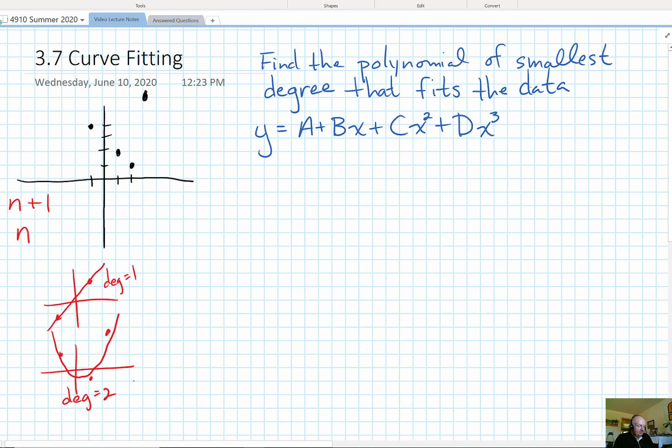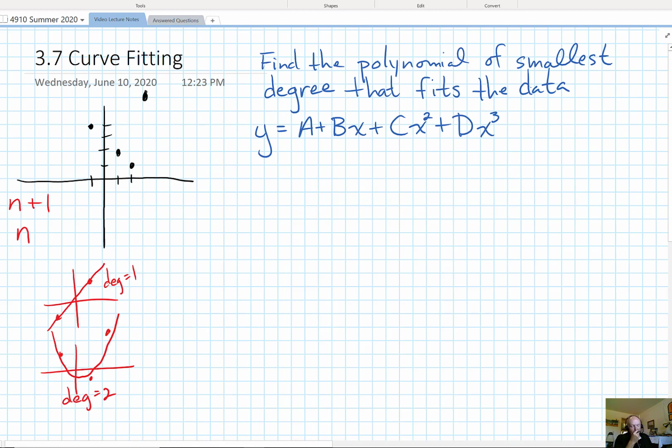So real simply, that's the idea. If we've got 4 points, then we should be able to find a polynomial of degree 3 that fits them. If we have 7 points, then we should be able to find a polynomial of degree 6 that fits them. And in fact, it's got to be at least degree 6. If I want to go through 3 points, I have to have at least a degree 2 polynomial. A degree 1 will never work. A line will never work.